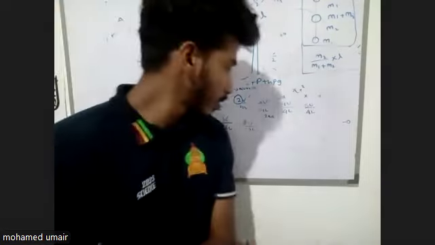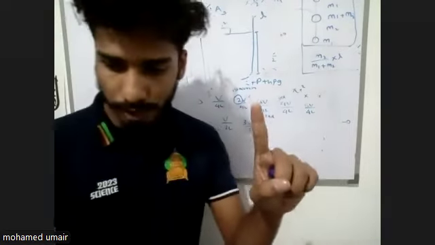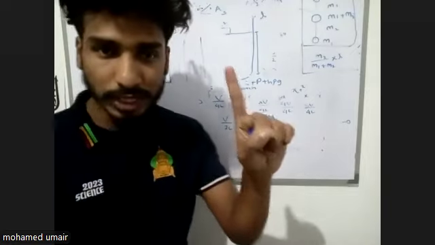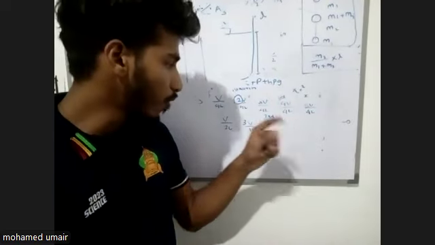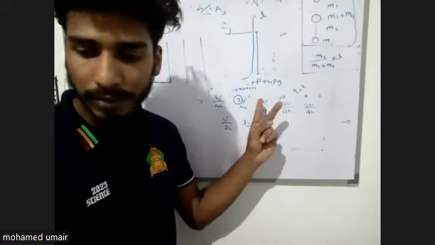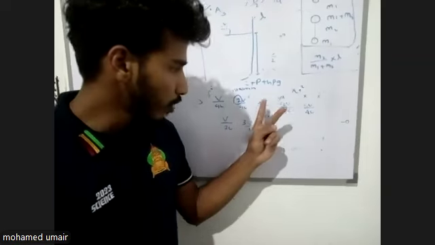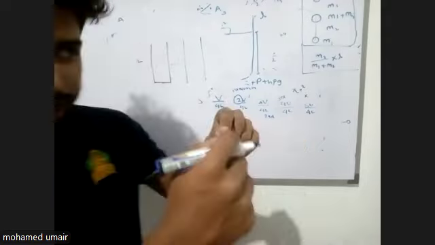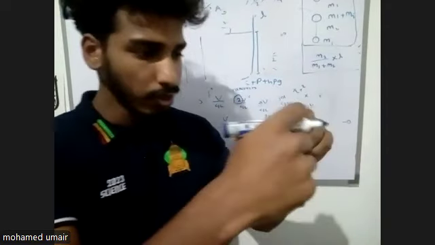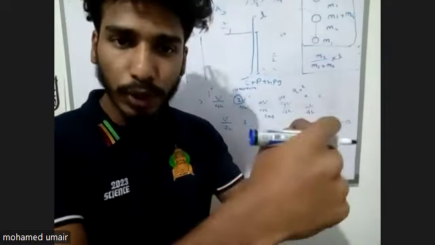So the pattern is, you can see when n is equal to 1, when my overtone is 1, I'm having 2 here. When the overtone is 2, I'm having 3. When the overtone is 3, I'm having 4. So every time plus 1 is added to my overtone number.